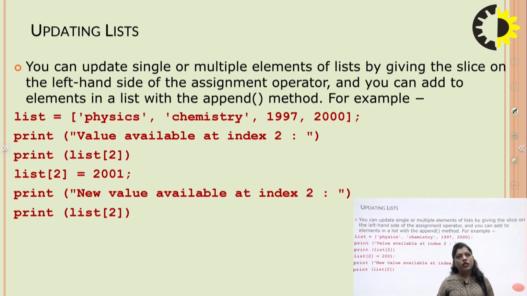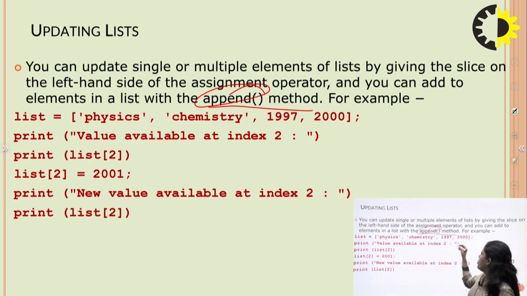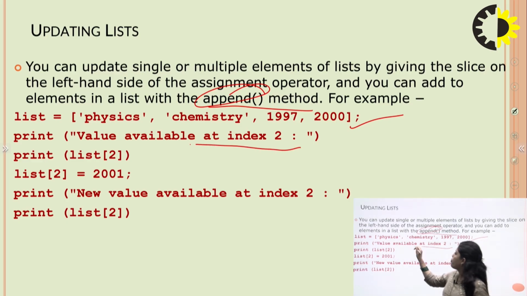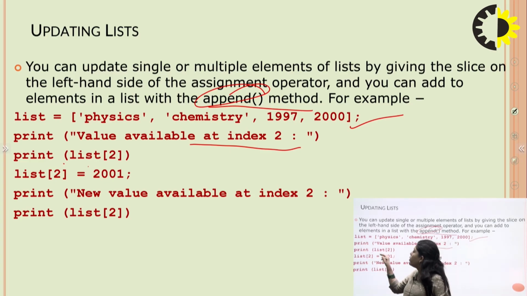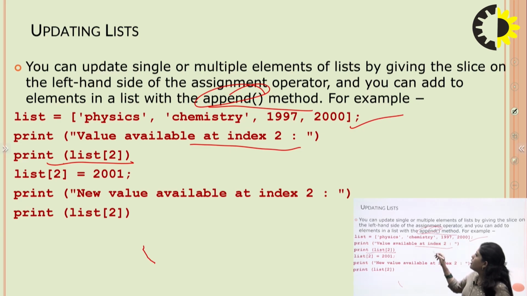Next is updating a list. You can update single or multiple elements of a list by giving the slicing on the left hand side of the assignment operator, and you can add elements to a list with the append method. If we want to add, then we can use the append method. For example, we have a list: physics, chemistry, 1997, 2000. If we want to check the value available at index 2, we write print list 2. In the list, this is 0, this is 1, this is 2, this is 3.